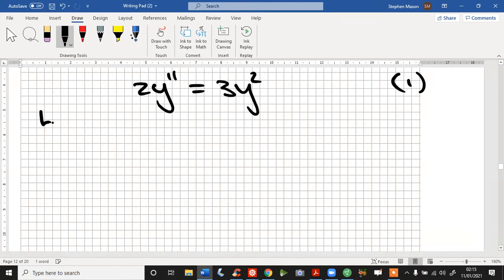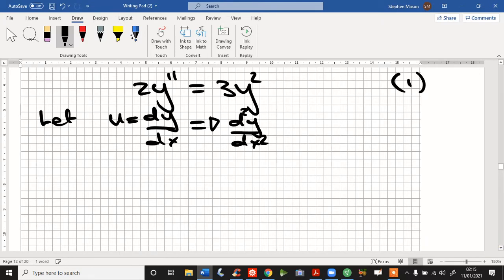So we let u equal dy by dx, and this means that d squared y by dx squared is equal to du by dx.